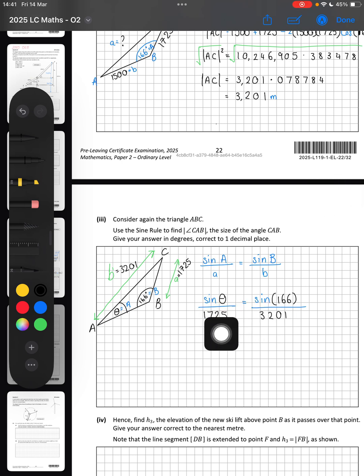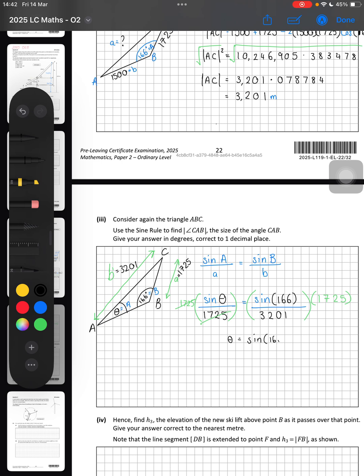So that's everything. I can type this full right hand side into my calculator. This side I'm going to need to work on getting theta by itself. Whatever I get over here, I'm going to be multiplying by 1725 to get rid of that 1725 that's dividing. So I am multiplying that side by 1725, which means I have to multiply this side by 1725. Then these cancel.